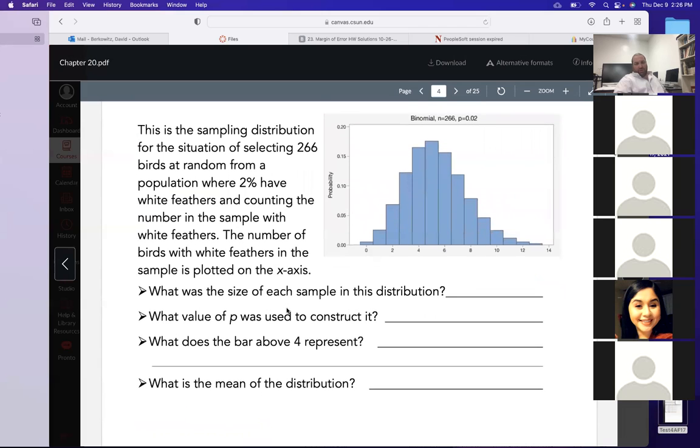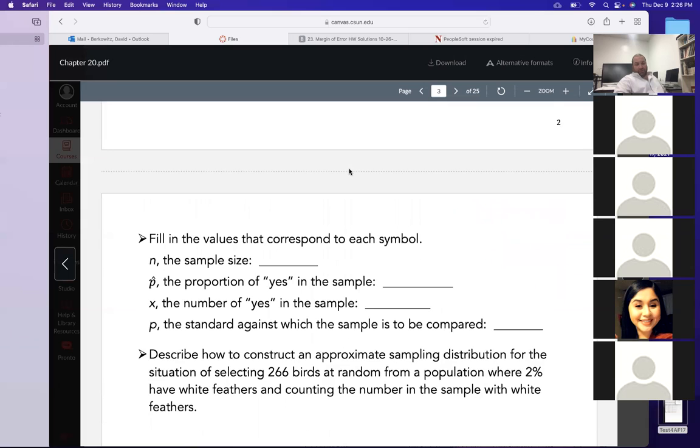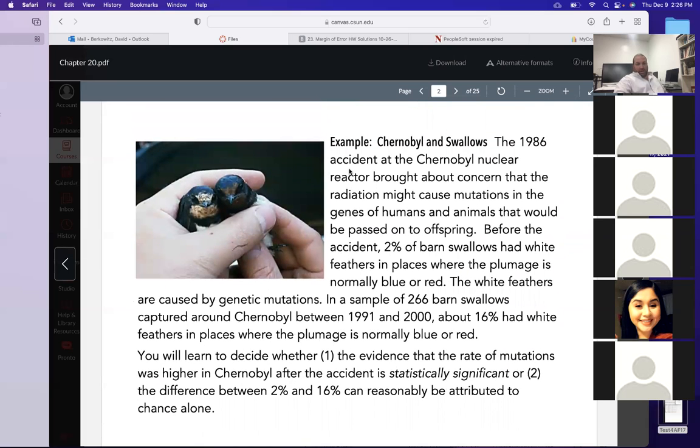And while we didn't really go into the details of how to construct these confidence intervals or situations, we did look at this approach in this example here. In a sample of size 266, 16% of them had white feathers.